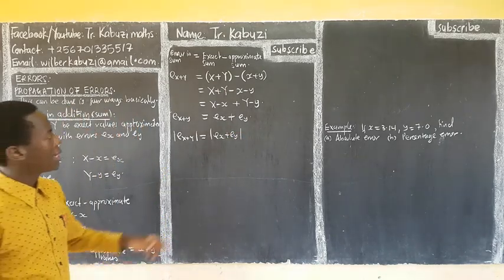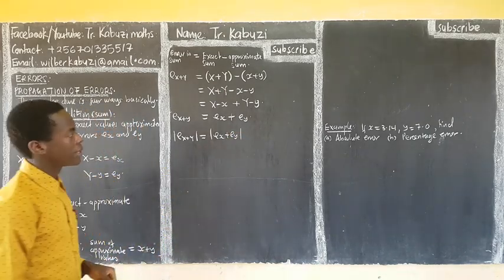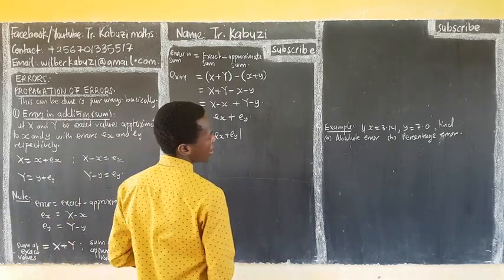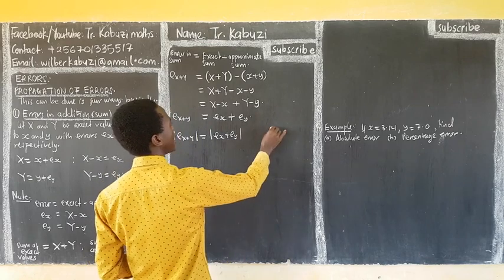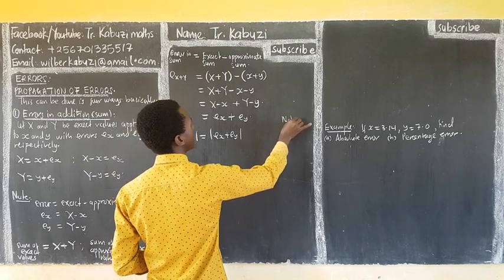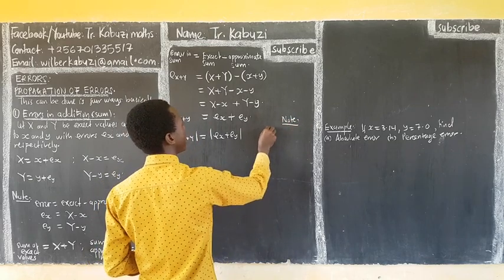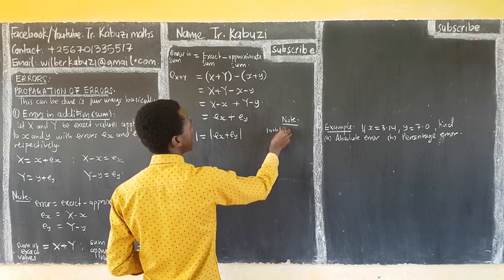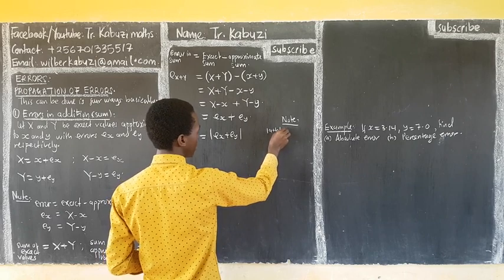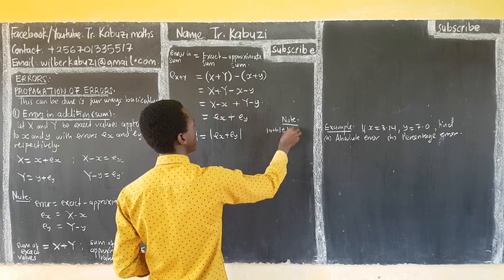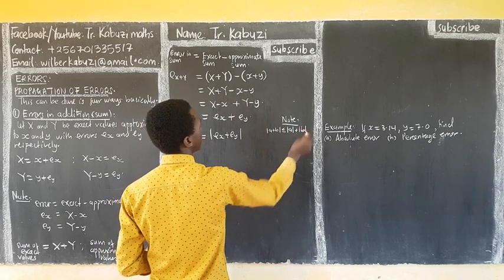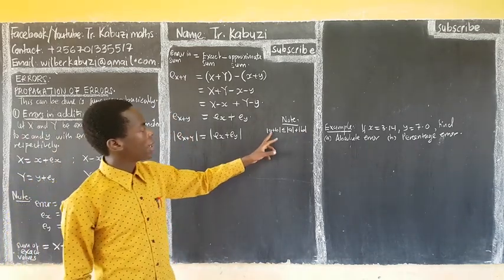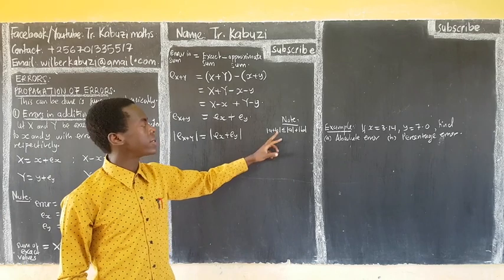Now, using modulus, we always know that if I have a plus b, this is going to be less than or equal to the magnitude of a plus the magnitude of b. You get any two numbers, you add them, then you subtract them.